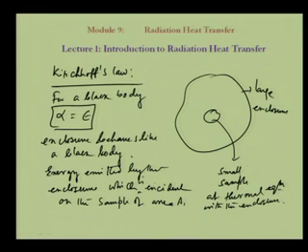A small sample here, I will call body 1, with area A1. Here q dot is the energy that is coming from here and is incident on it.